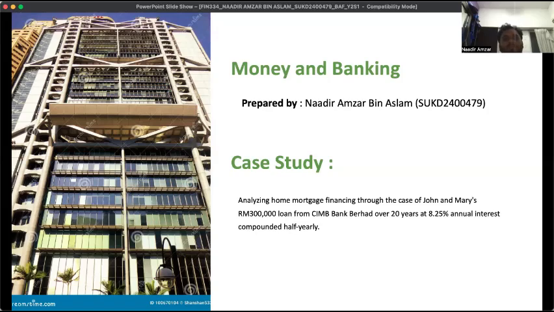In this presentation, I walk through how the mortgage works, the impact of interest and compounding, how Bank Negara policy affects a borrower, and finally which mortgage term might be better for them, the 15 years or 20 years option.